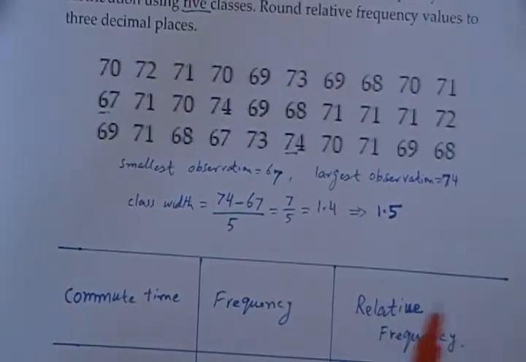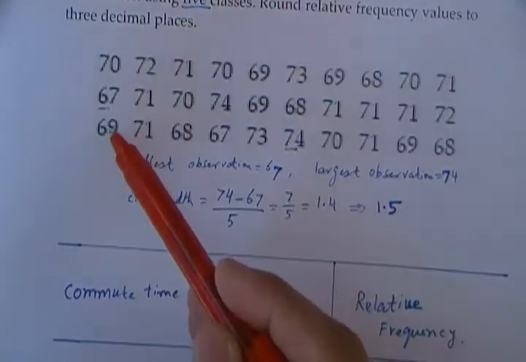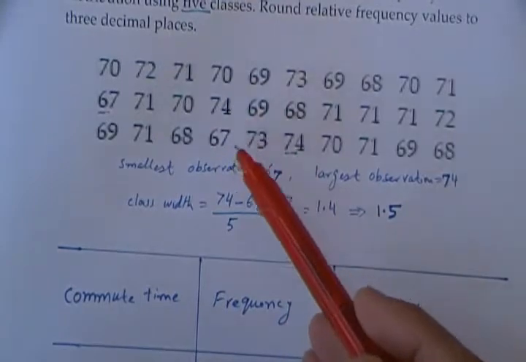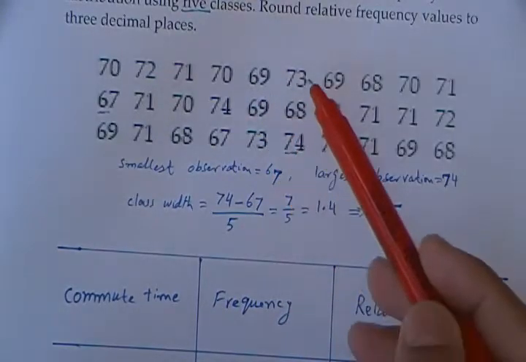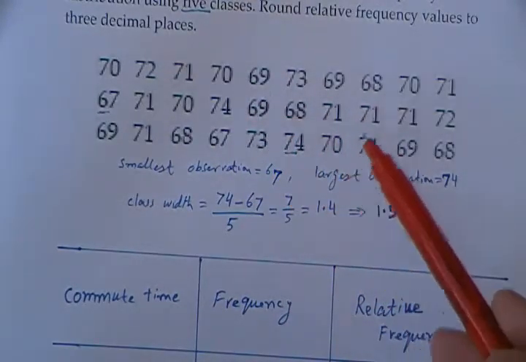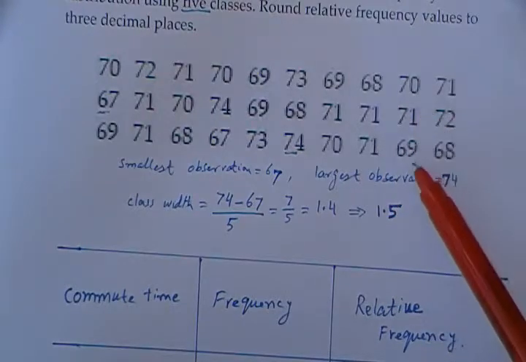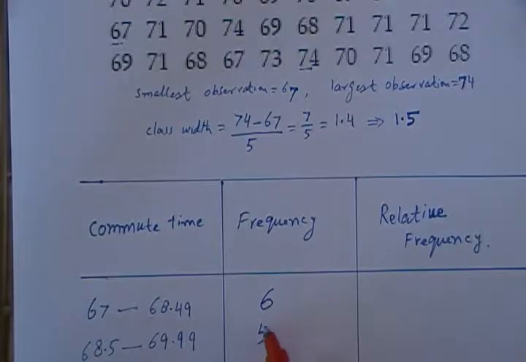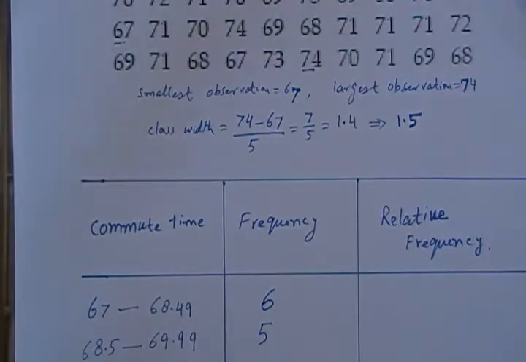If you count them, here is 1, 2, 3, 4, 5. So there are five 69s, and you write your frequency here, 5.